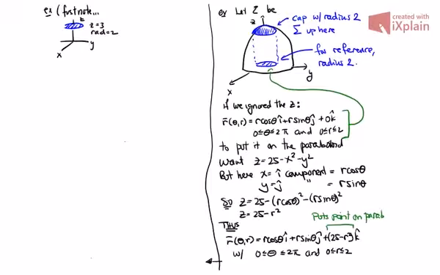And this thing had the parameterization r of theta and r: r cosine theta i plus r sine theta j plus 3k, with theta between 0 and 2 pi, and r between 0 and 2. So all I want to do is point out what happens if I want to change the disk slightly.